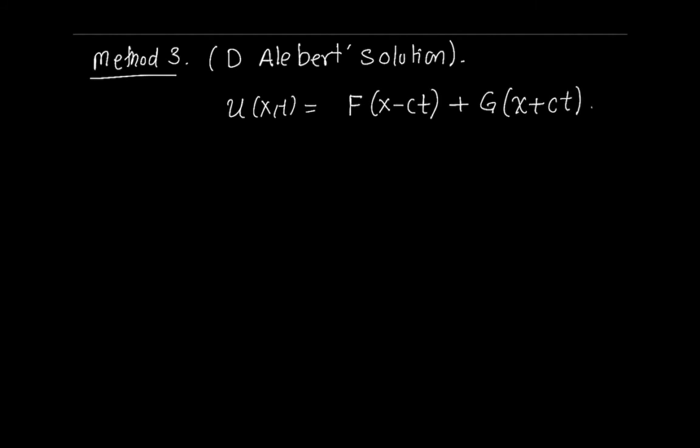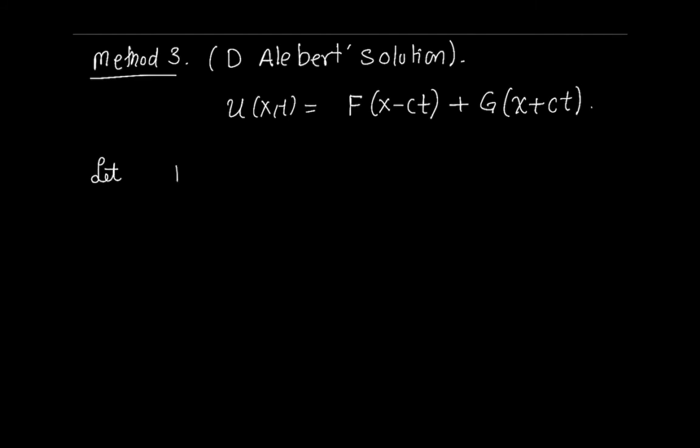We don't know what f and g are, but when we see the real world phenomenon, we suspect the solution must have an x minus ct or x plus ct term in it. So from here, we begin formulating the solution. And how we're going to do it is this. All the time we assume something, and then we construct on the basis of whatever observation we have.